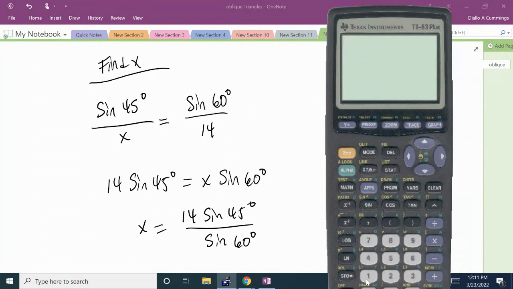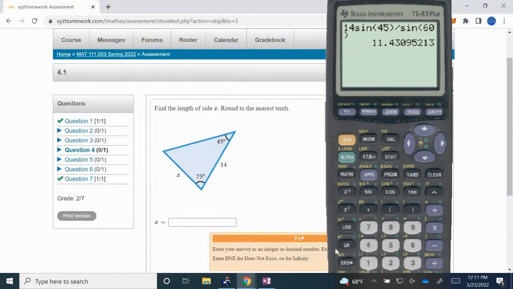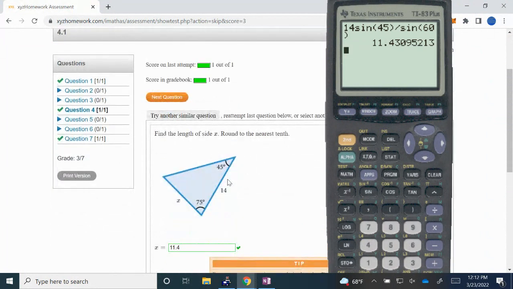Putting this into the calculator, we get 11.43. So that'll be 11.4.